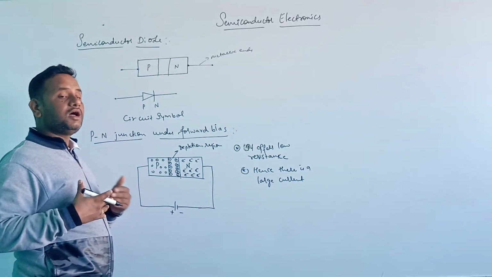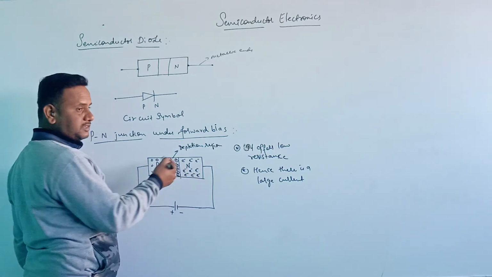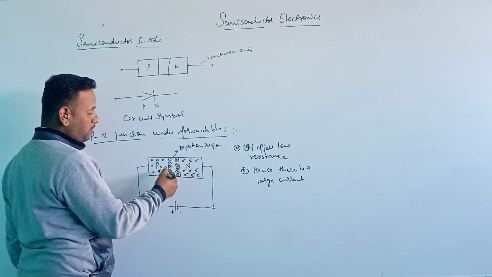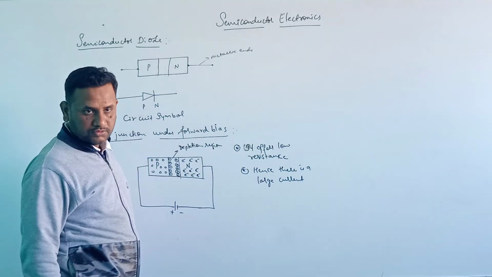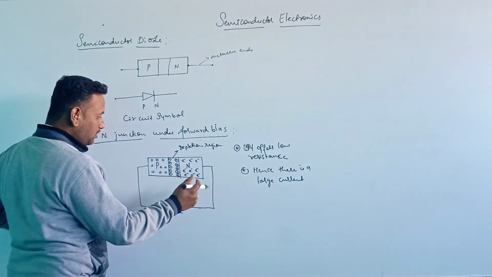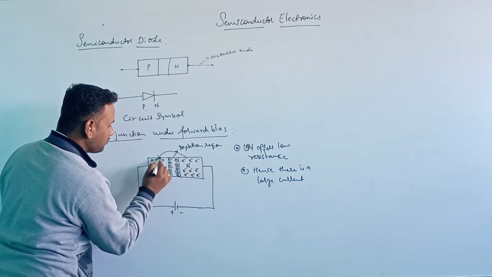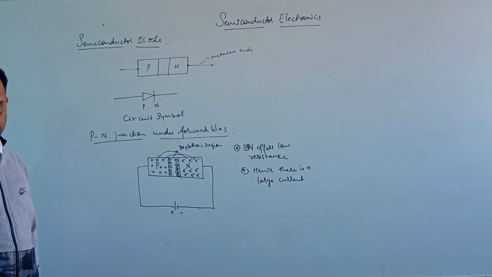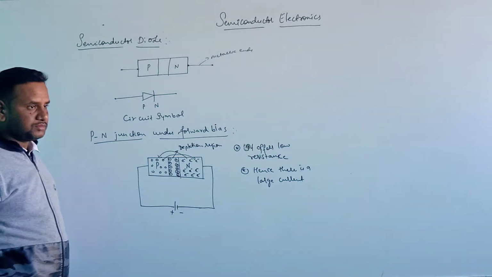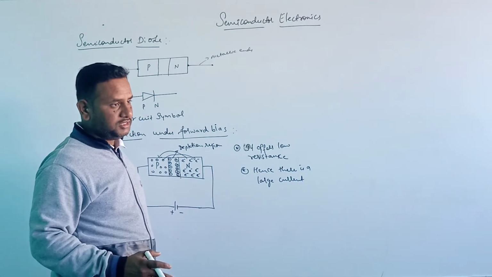Because of this large repulsion, the charge carriers will diffuse from N region to P region and P region to N region. The electrons will come this way and the holes will go that way. They will move because of this large repulsion.